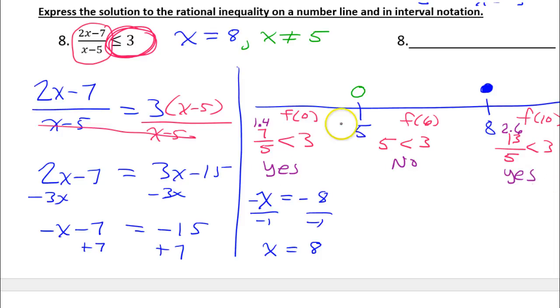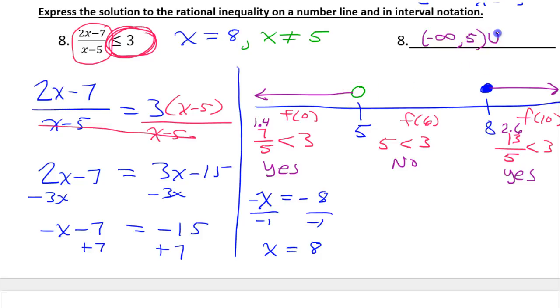So these yeses show us where the solutions are. So we have solutions less than 5, and we have solutions greater than 8. So that's a graph of our solution set, but we want interval notation. This first arrow over here on the left goes from negative infinity to 5, and I'll use a parenthesis to show that this is not included, open circle.